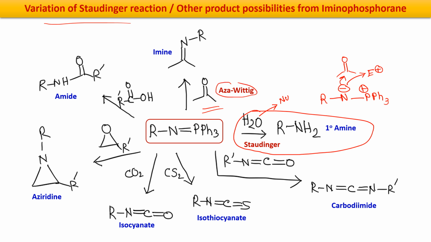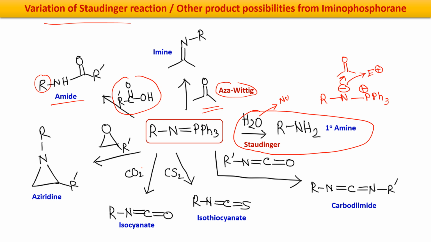So in this way, we can get aza-Wittig reaction. So you can find some similarity with Wittig reaction, but with different types of halide. So that is, it is aza halide. So the name of the reaction is aza-Wittig. Then if you take some carboxylic acid, you will end up with amide. And also remember, this type of reaction can also be intramolecular. Suppose this carbonyl group or the acid group is already part of the molecule.